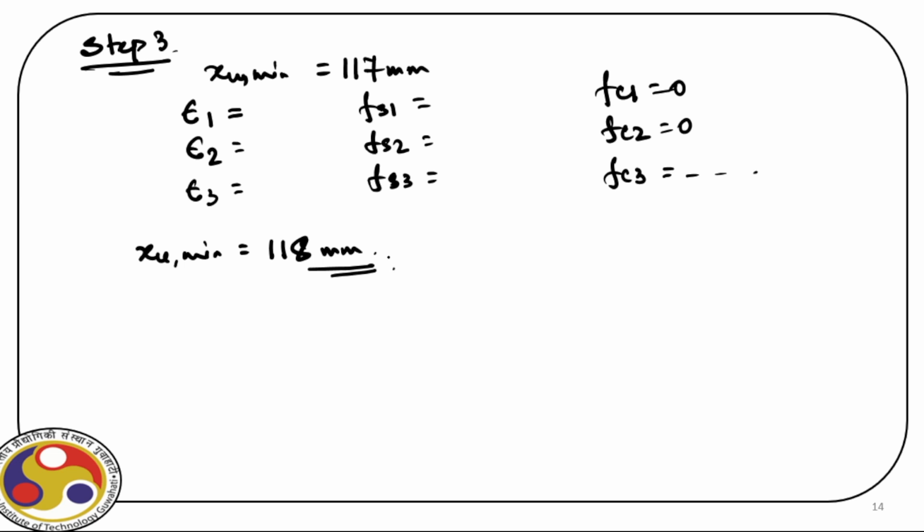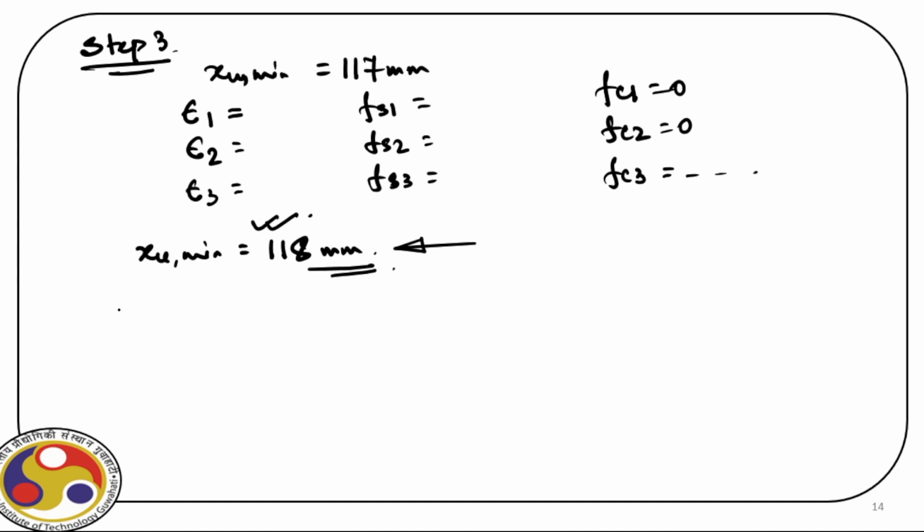So you have to continue that iteration until it converges, and once it converges, the remaining part is straightforward because we have to find out the capacity of the section.